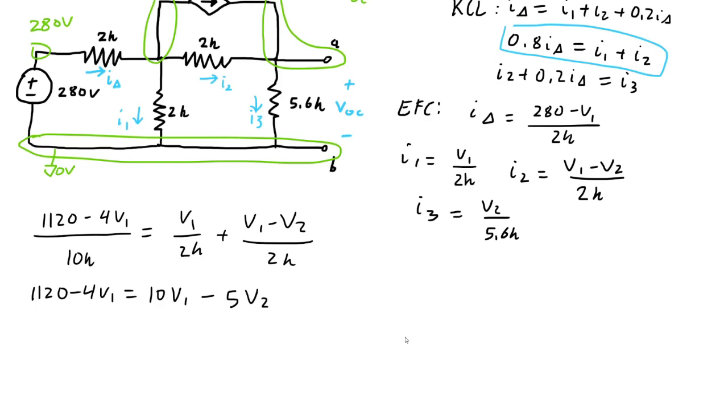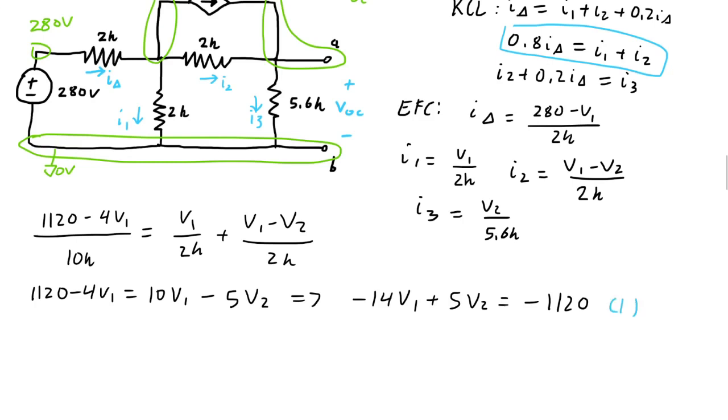Let's go ahead and put them all on the same side. We'll say that minus 14 V1 plus 5 V2 equals negative 1120. I'll put that as equation 1.